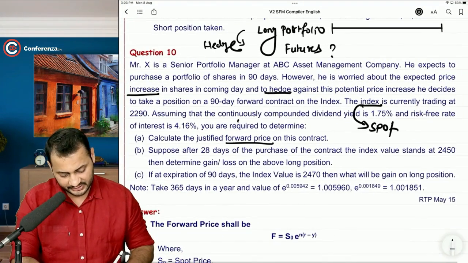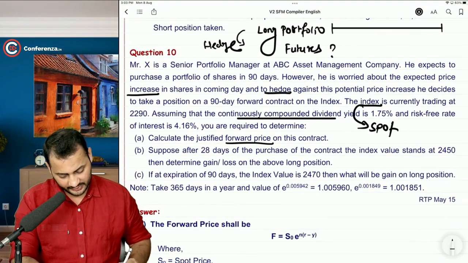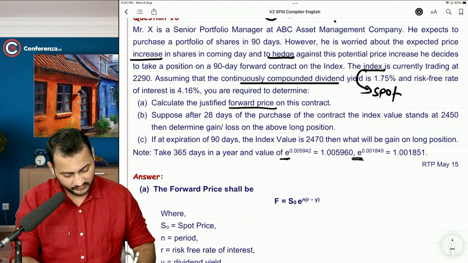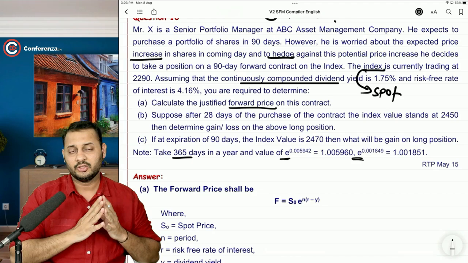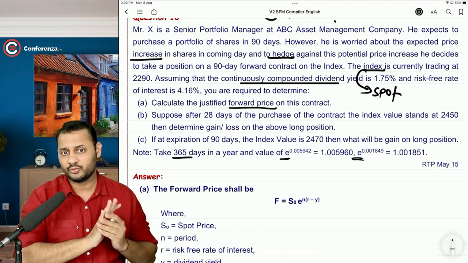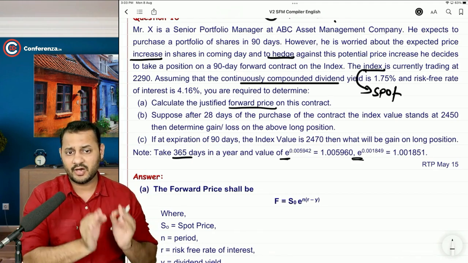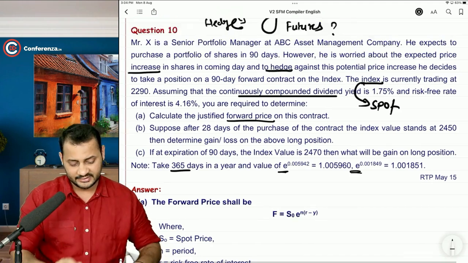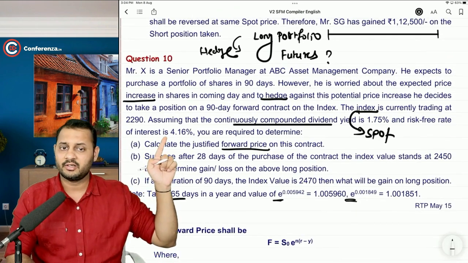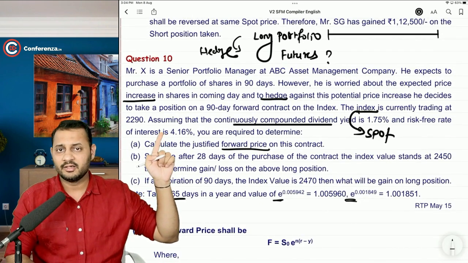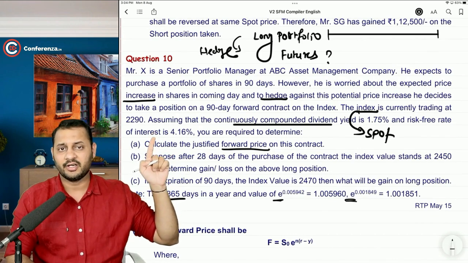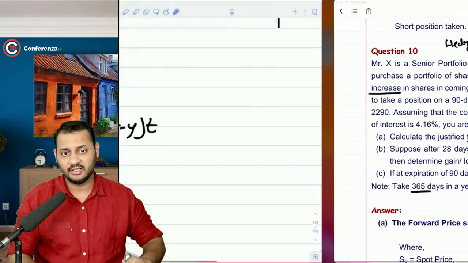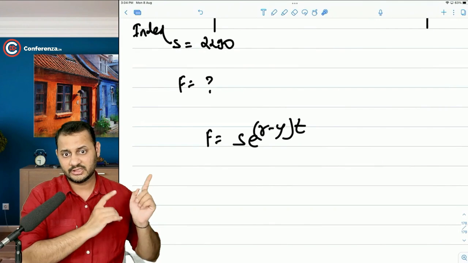The question clearly mentions the continuously compounded rate of return, and it has also given the values of e at the end. They have asked us to take 365 days in a year. So the question is very much clear that you have to take e in the formula. Next, it has been clearly given that we have the rate of interest in the question and the dividend yield as well. Yield. So that's why yield is taken.